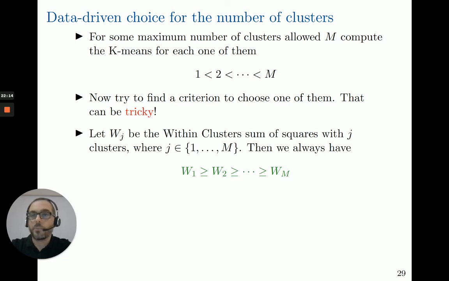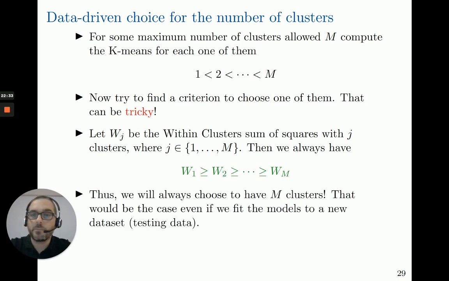Let Wj be the within cluster sum of squares with J clusters, and we always have that the higher the number of clusters, the smaller the within cluster sum of squares. So we will always choose to have M clusters.